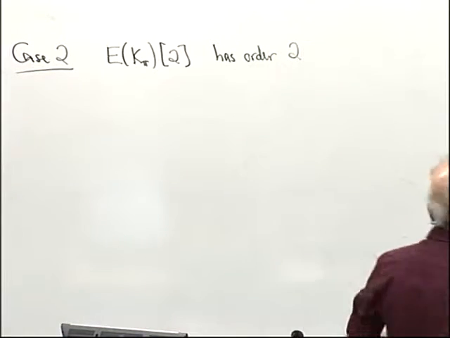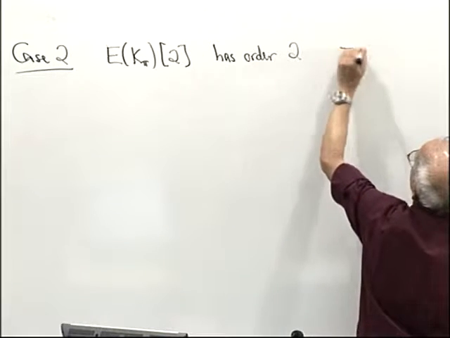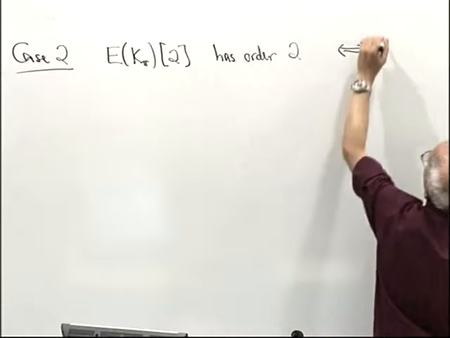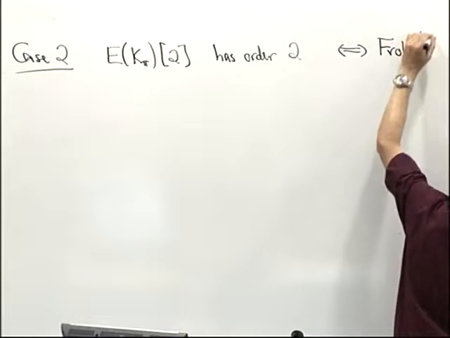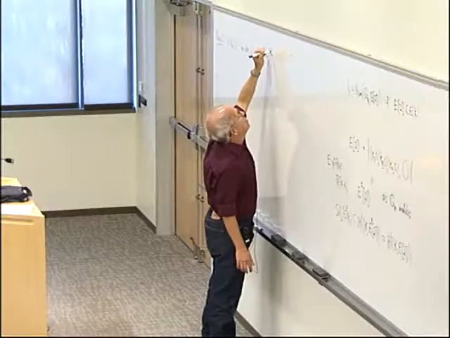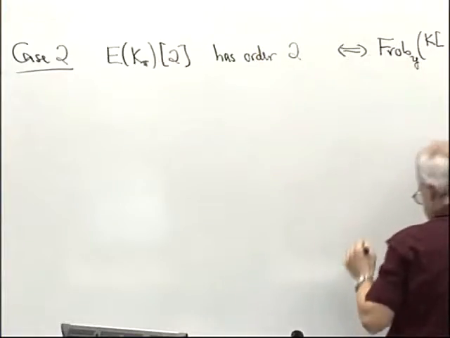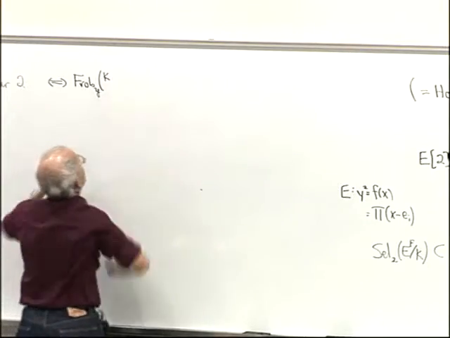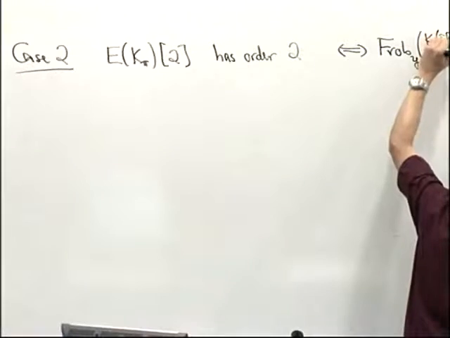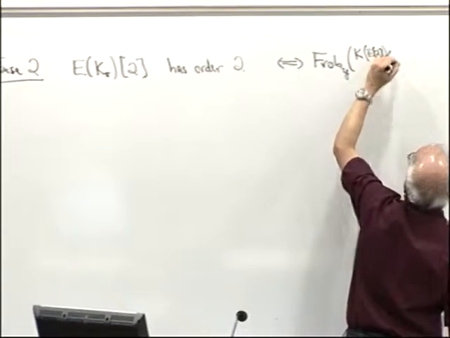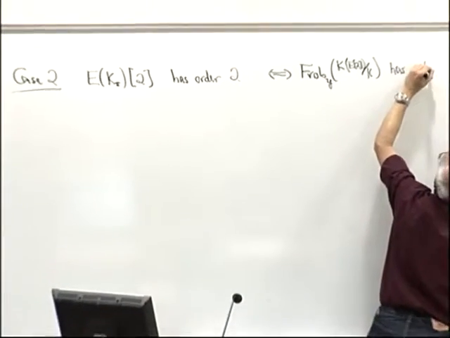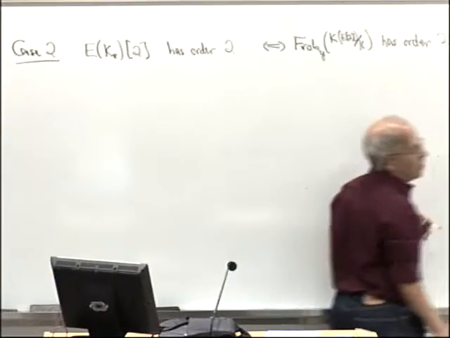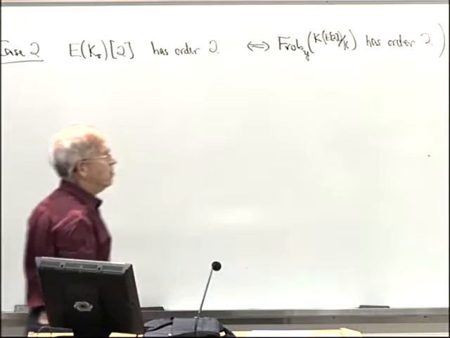And in just the same way as I didn't really do over there, this is equivalent to saying that the Frobenius of p in the extension K adjoin the 2-torsion has order 2. Because an element of order 2 in GL2(F2) fixes a one-dimensional space.